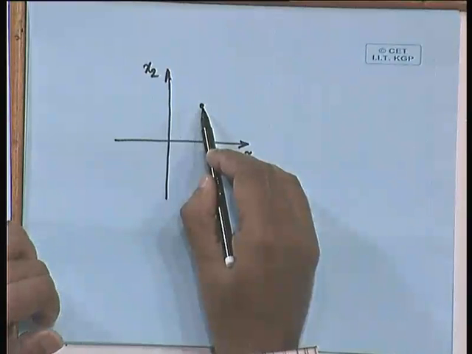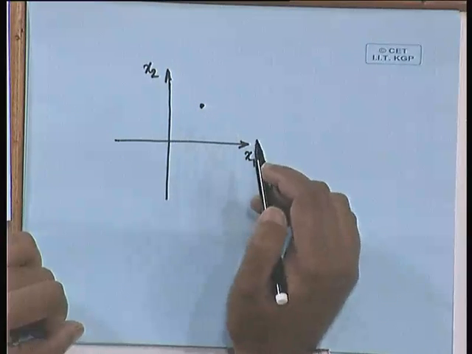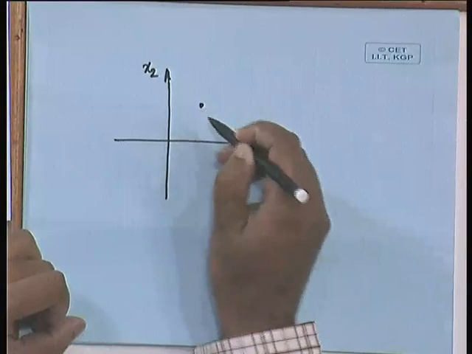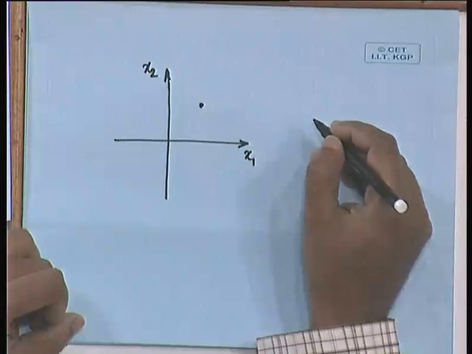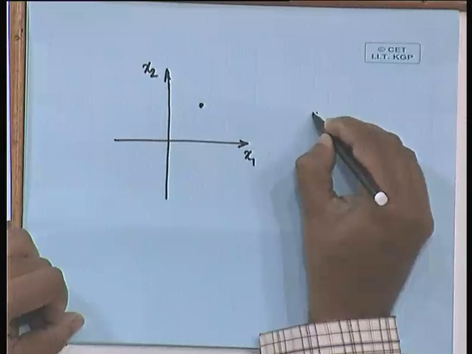You see, this x vector consists of an x1 and an x2 coordinate, so it is a 2 element vector. If you take any particular point, you will have x vector with this one as the x1 component, this one as the x2 component, and if you take the dot product x vector dot x vector, what do you get out of it?